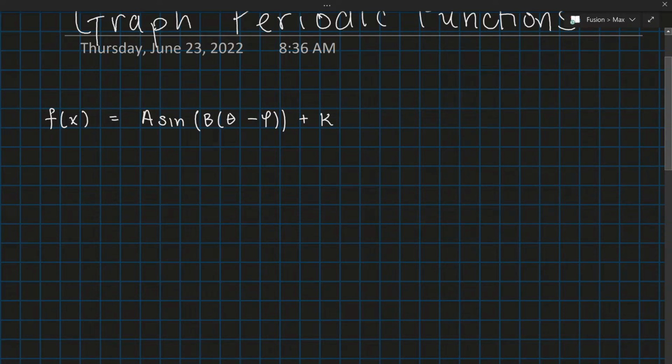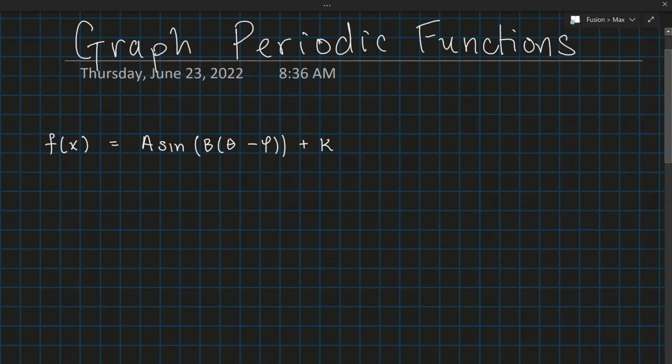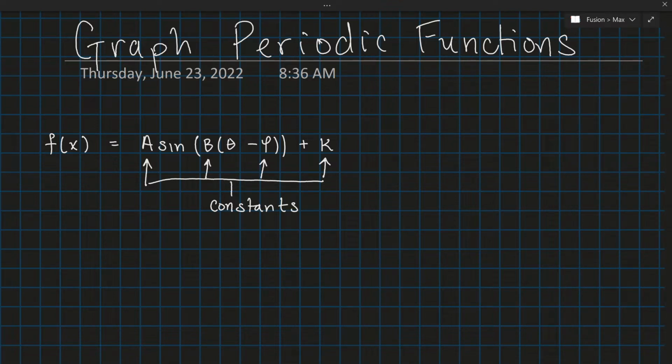Each one of these variables, I know this looks complicated, but they're not actually variables, they're constants. What's the difference? If I actually wrote out a specific equation, these would all just be numbers. And they each do different things.